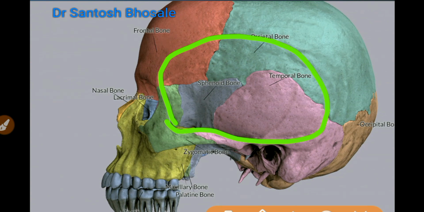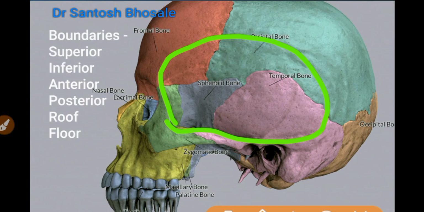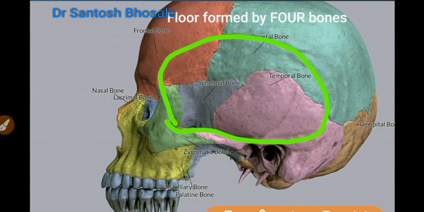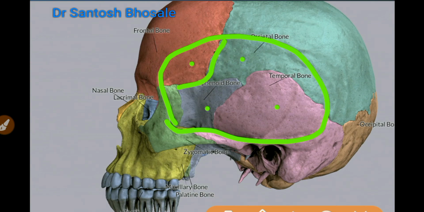You can see it's a shallow depression on the side of the skull below the temporal lines and above the zygomatic arch. It has superior boundary, inferior boundary, anterior and posterior boundaries, roof and floor. And the floor is formed by the four bones that you see in this view, that is frontal, parietal, sphenoid and temporal, which are held by an H-shaped suture here.